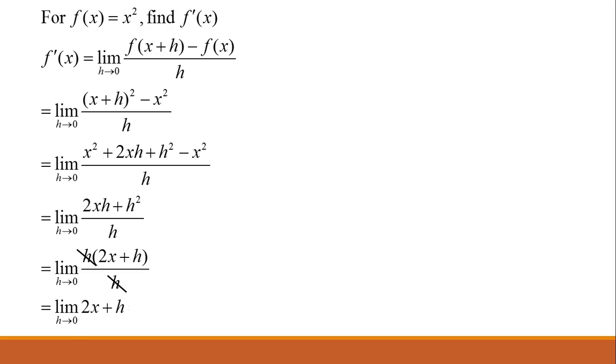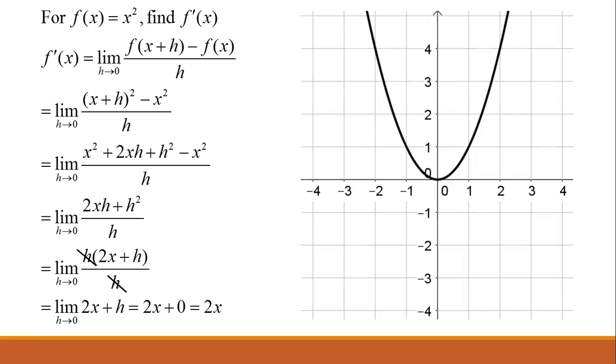So now we've got a function that is no longer undefined when h is 0, which means we can take the limit by directly substituting 0 for h, because h is approaching 0, and that means our limit is equal to 2x. So let's look at a graph of this function to try to figure out what's going on here.